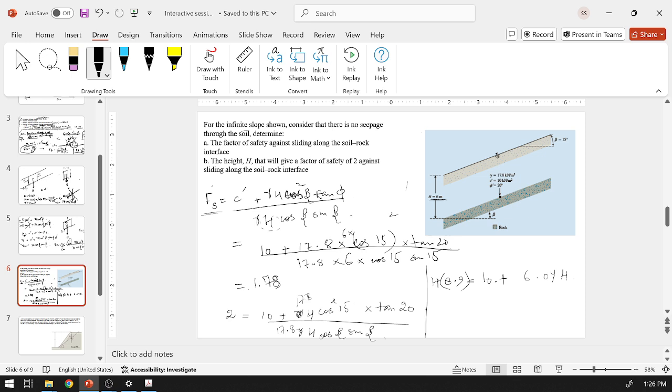So we will have 8.9, 2.86 h is equivalent to 10, h is equivalent to 10 over that, which is 3.5.